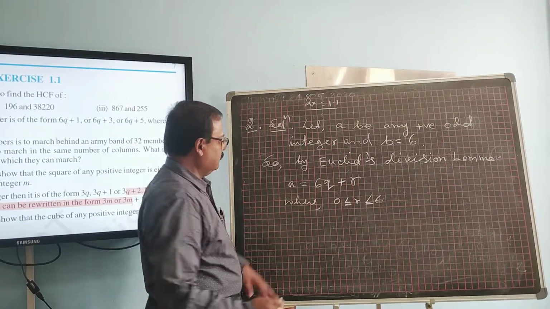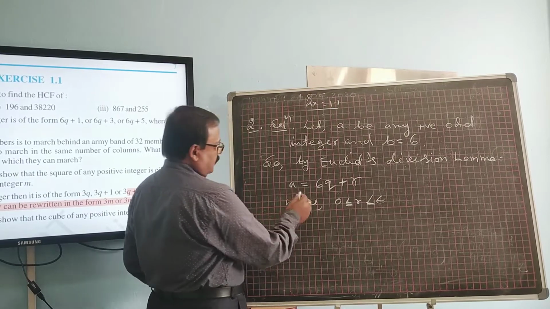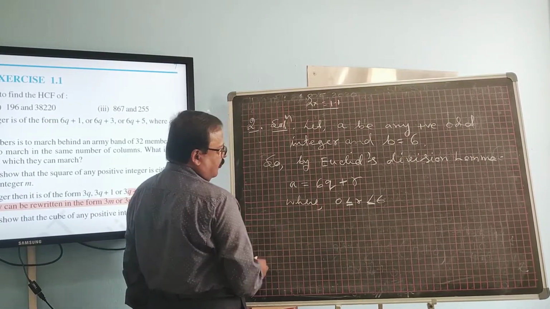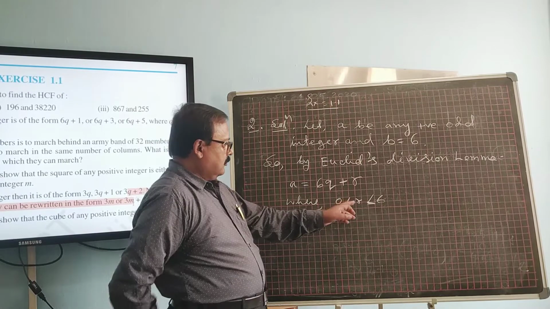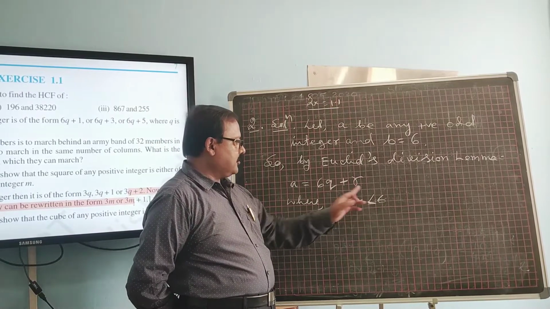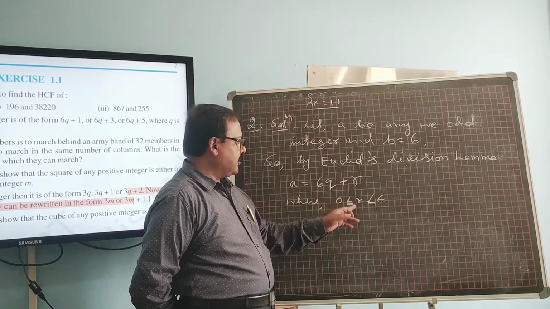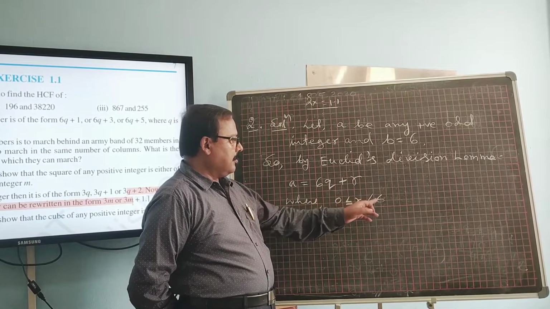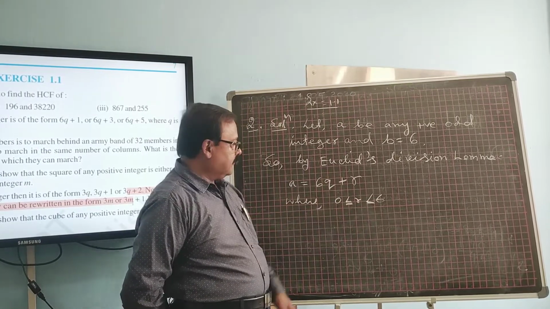So here, what values are there between 0 and 6, including 0 and less than 6?